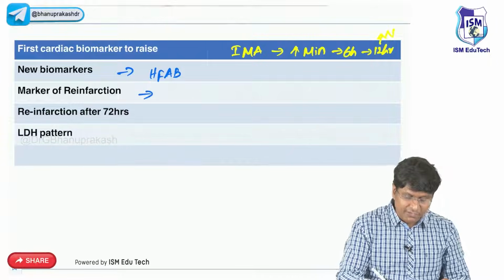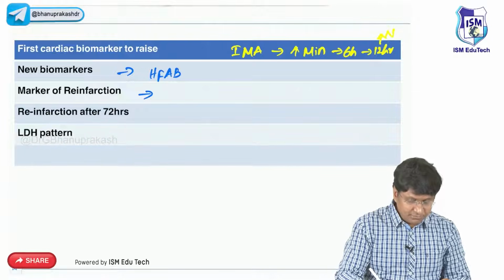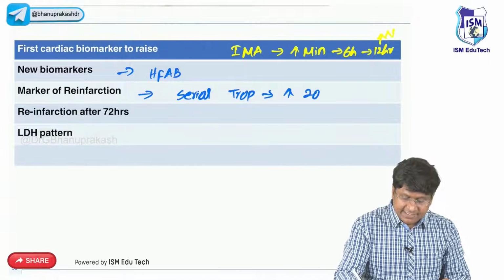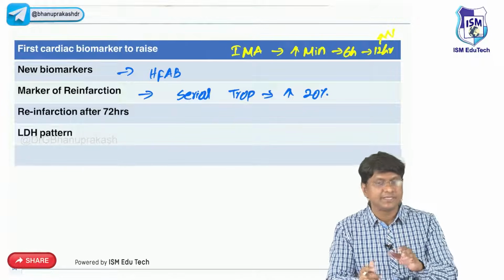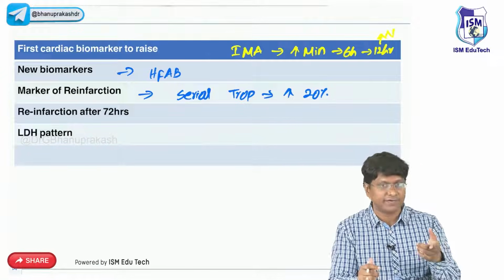And what is the marker of reinfarction? You need to do serial levels of troponin, and if there is an increase in troponin value of 20% compared to the previous value, that is a marker of reinfarction.